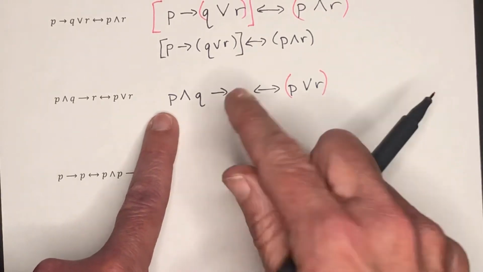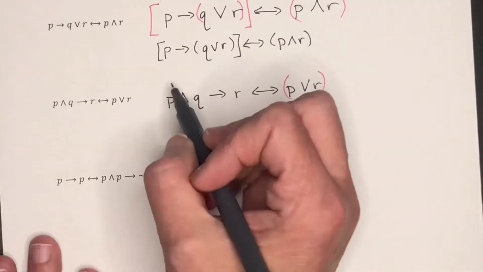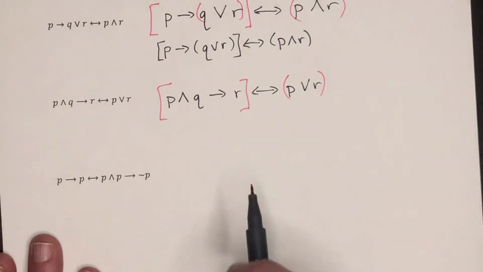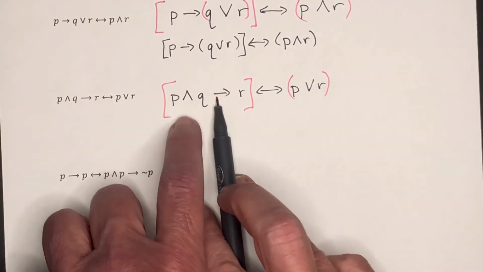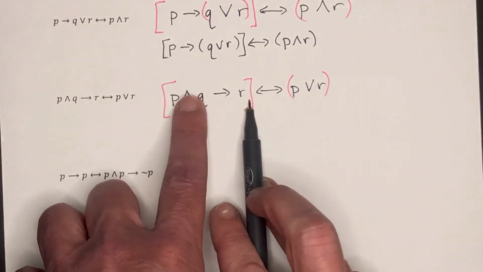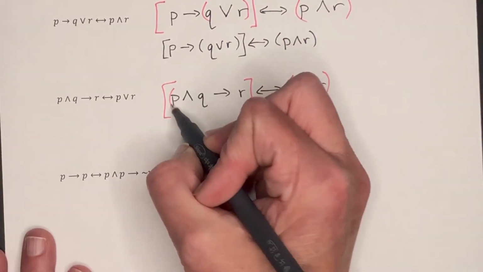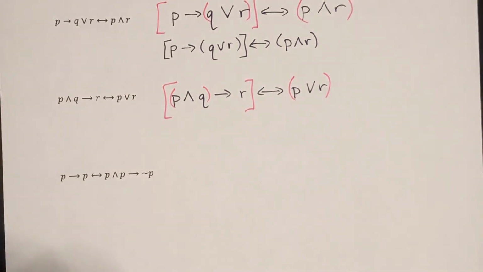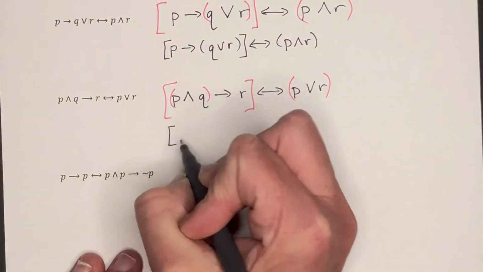And again, since I have three things with multiple connectives, I'm going to use brackets first. Now look inside here. I have this conditional, which means I group each side together. So this part gets grouped together, and that's simply R. So written a little bit more nicely.